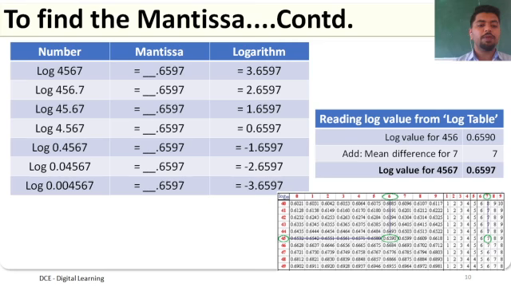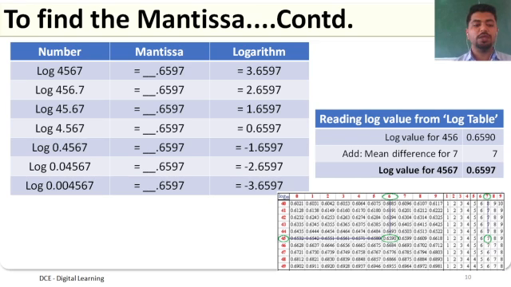Here in the number 0.4567 there are no zeros. So 0 zeros plus 1, the characteristic will be minus 1, and the multiplier value will not change, 0.6597. So the log value of 0.4567 will be minus 1.6597.